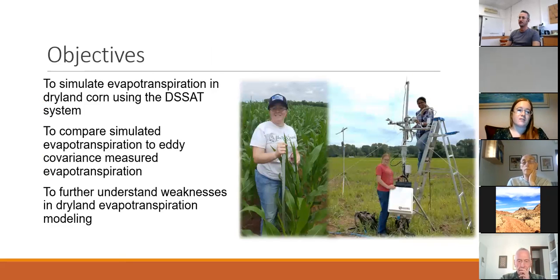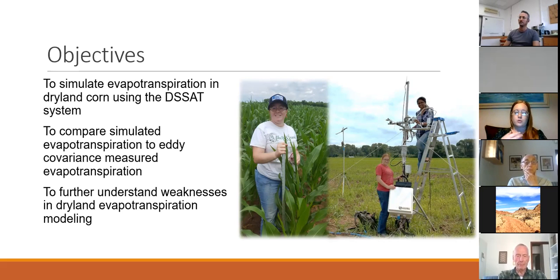So the main objectives of this study are to simulate evapotranspiration in dryland corn using the DSSAT system. We also have a similar study where we simulated cotton evapotranspiration, but I'll just be presenting corn to you today. Our goal was to compare the evapotranspiration measured by eddy covariance to that simulated using DSSAT.